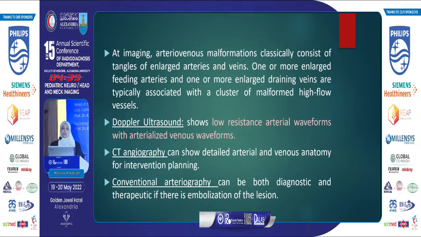At imaging, when we see a tangle of malformed and enlarged dilated vessels, arteries, and veins, we suggest arteriovenous malformation. Doppler ultrasound shows low resistance arterial waveform and arterialized venous waveform. CT and conventional angiography can show the detailed arterial and venous anatomy and can also be helpful for therapeutic embolization.